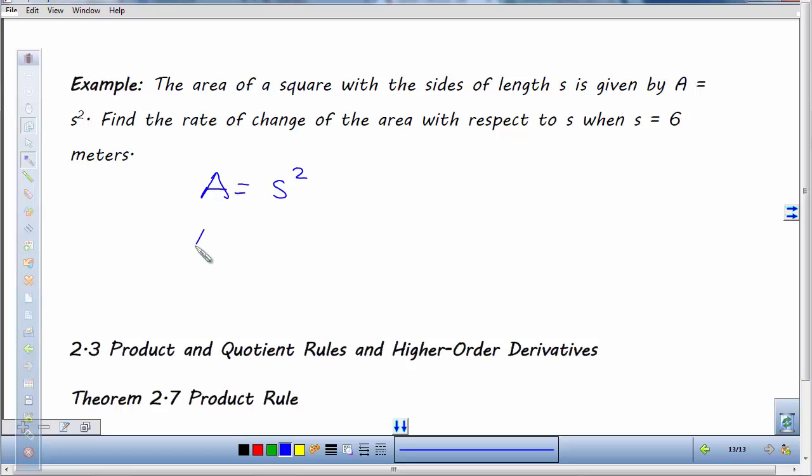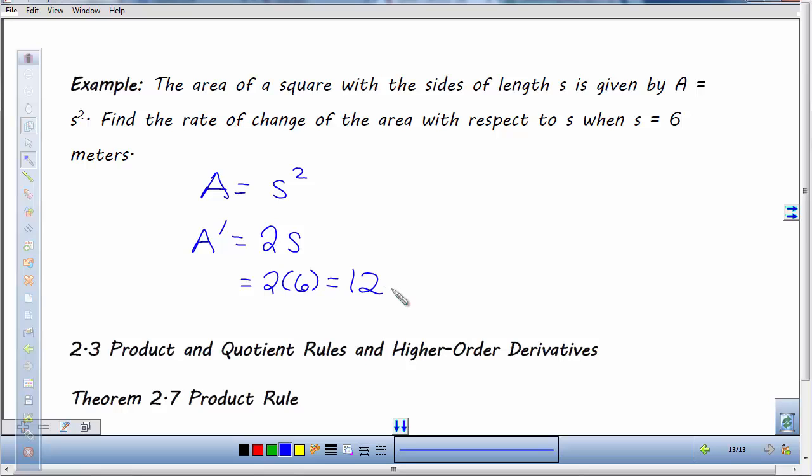Okay, so A prime is going to be 2s. That's going to give us the rate of change of the area. And so how fast is area changing when the sides are of length 6? We would say 2 times 6, or 12. And again, it does say meters, right?